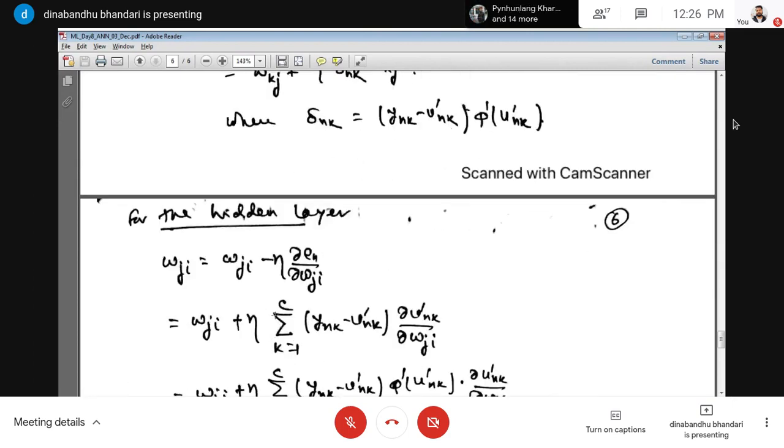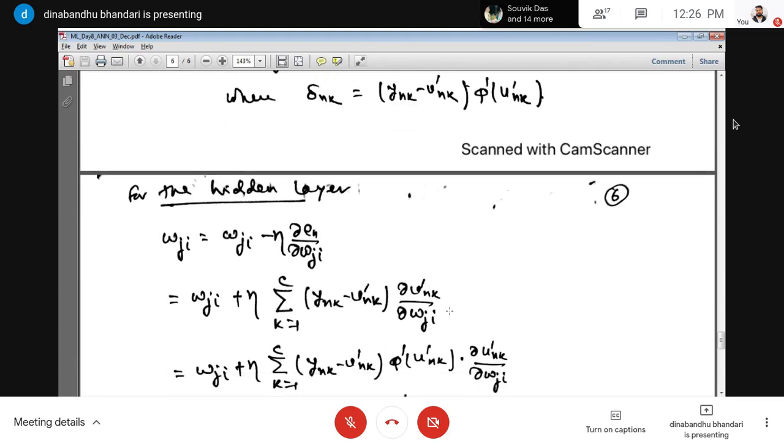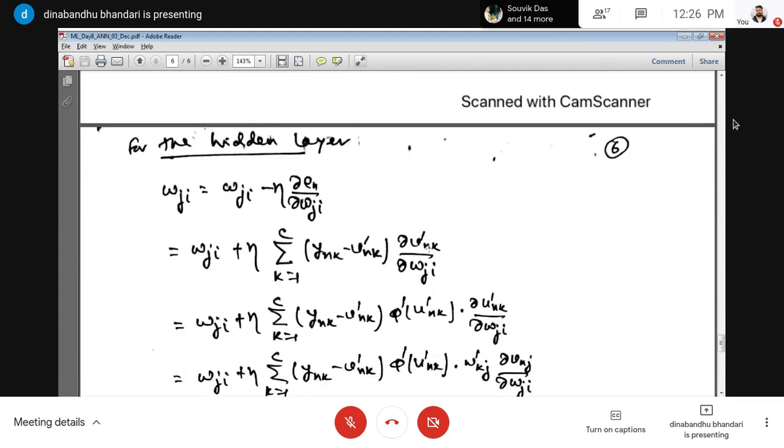Here the half will be cancelled out with the derivative 2, and this minus will make it plus. So we got this one, right? Del V-Nk. Now see, this V-Nk will have Vji in it, through U-Nk. So you differentiate phi dash U-Nk and del U-Nk.